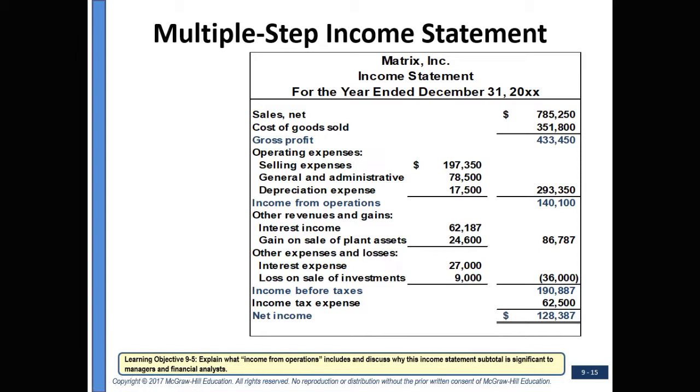This is illustrated in the income from operations. Now, after income from operations is calculated, we take all those other revenues and gains and expenses and losses to arrive at income before taxes. Then we calculate what the income tax expense would be expected to be and subtract that to arrive at net income.